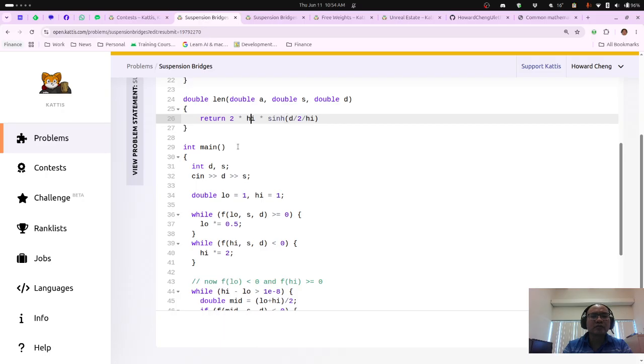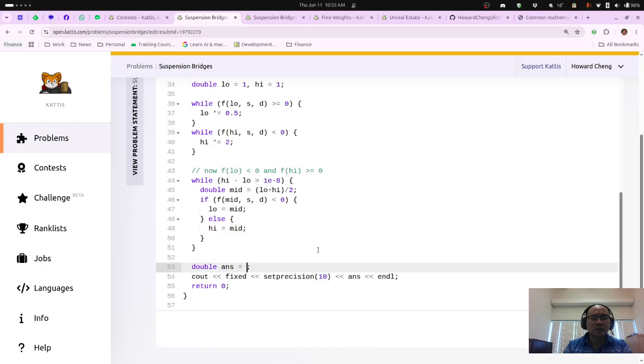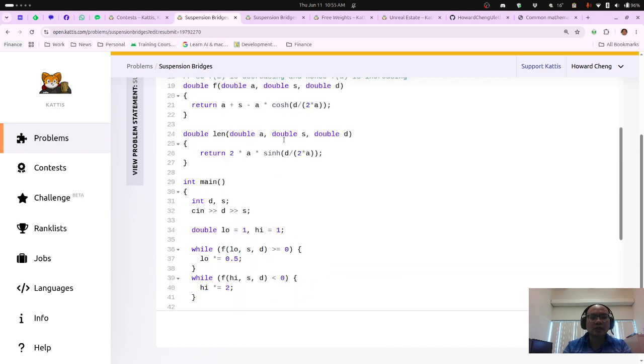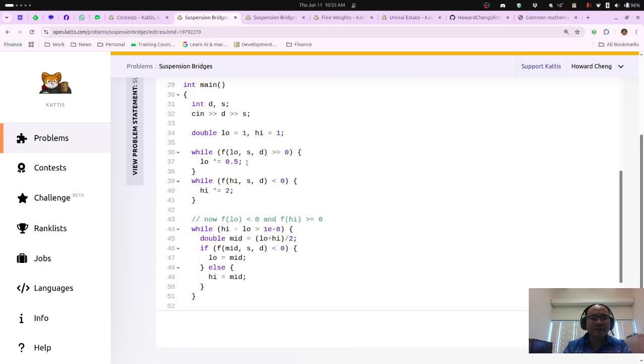So you give me a, I give you this, right? This is what we want. So length of high, S and D. Yeah, we don't need the S, but I'll just leave it in here.